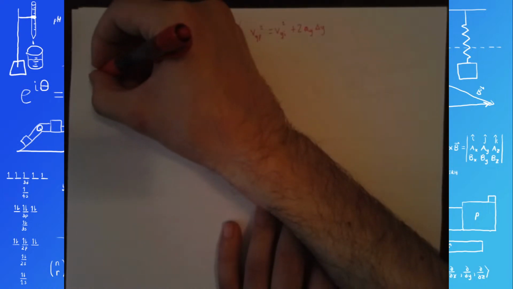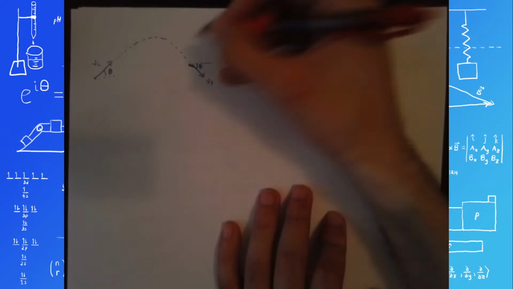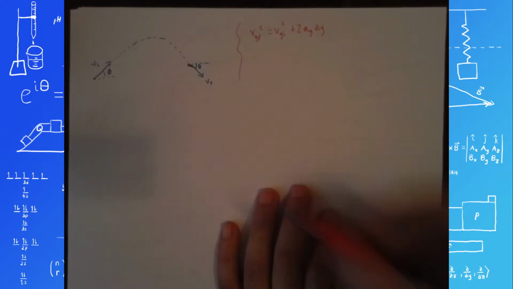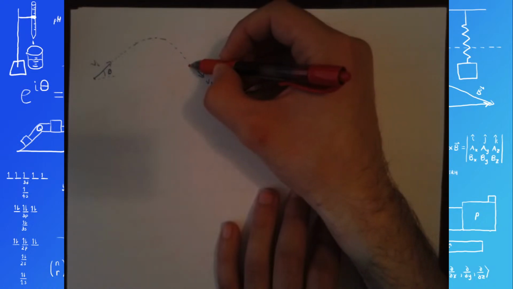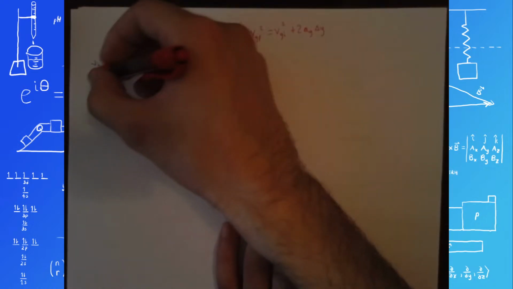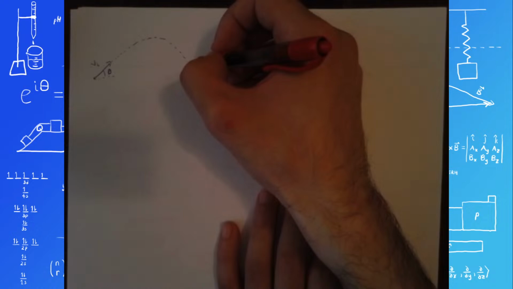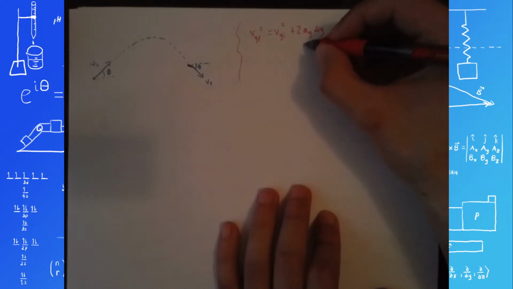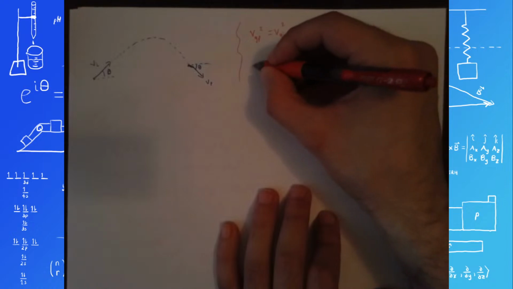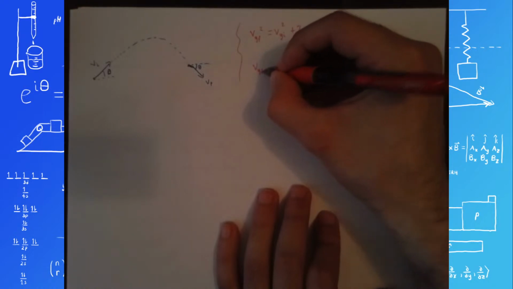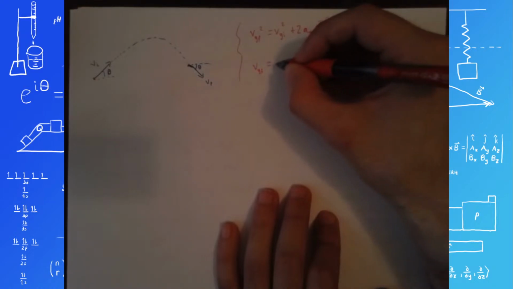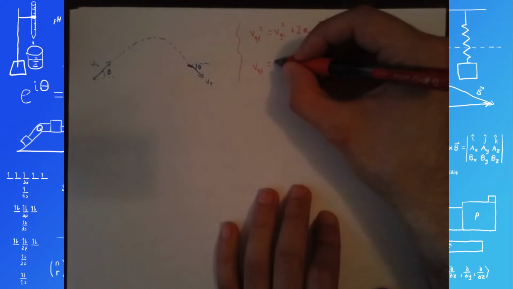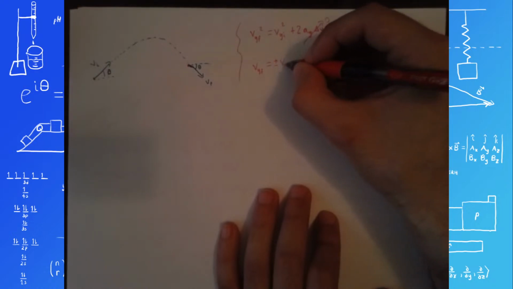If I'm going from start to finish, what's my delta y there? It's 0. It's second height minus first height, the next height minus the previous height. That's 0. So this term is gone, which tells us Vy final squared equals Vy initial squared, which tells us Vy final is the square root of this, which is either plus or minus Vy initial.